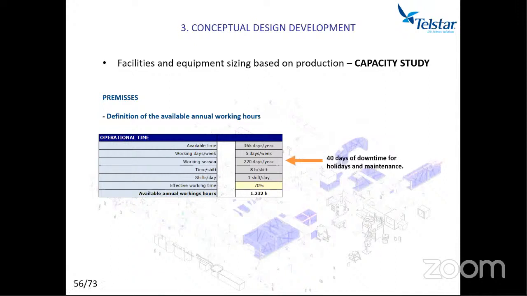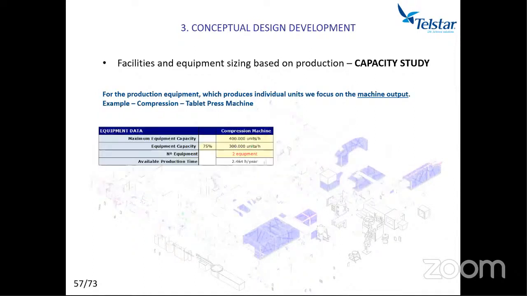In this case, we are also considering downtime for holidays and maintenance, and we will consider also a percentage of effective time. We will never think 100% of the time will be used for production, okay? Always there is availability of people, quality control, training, so we will never have 100% completely productive time.